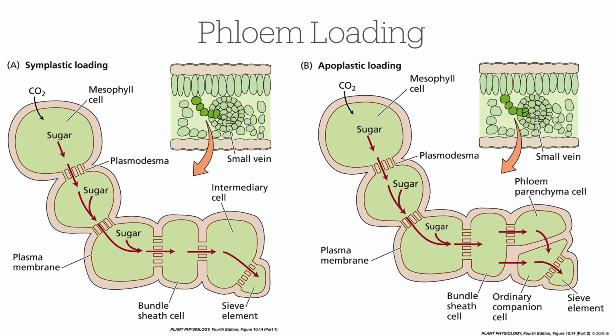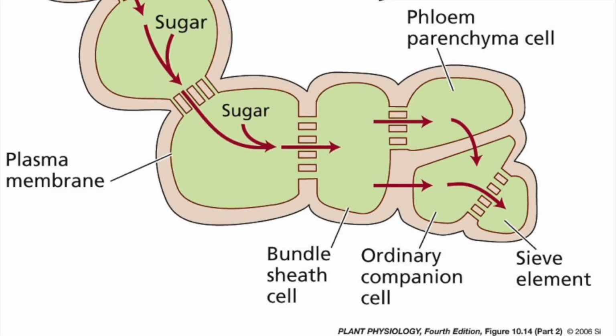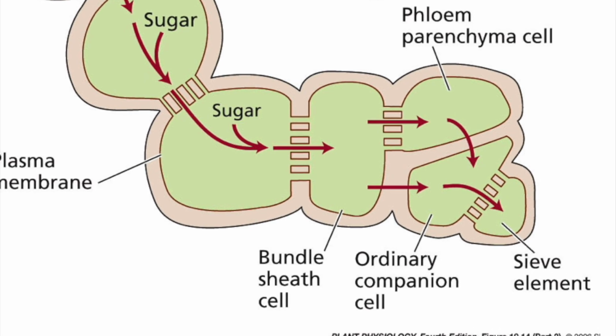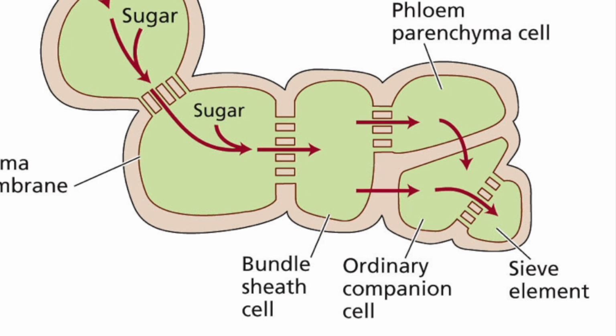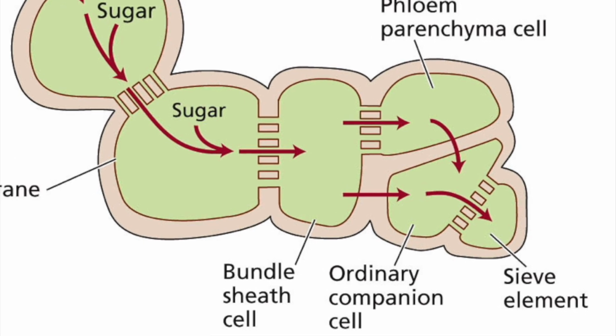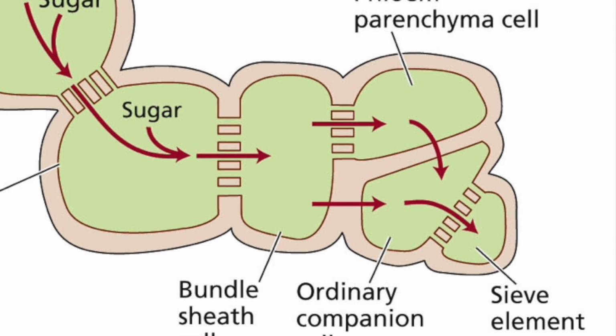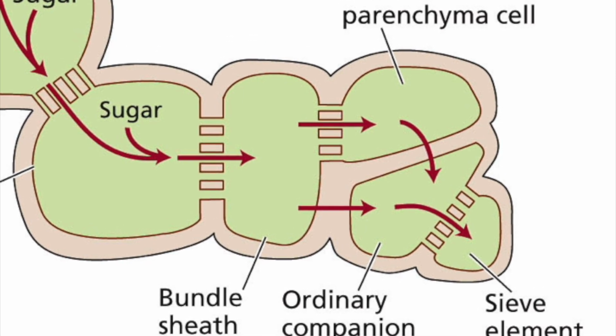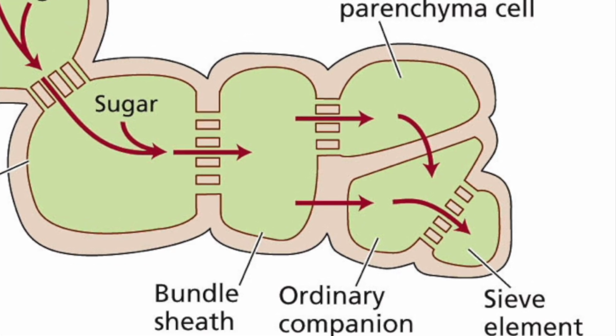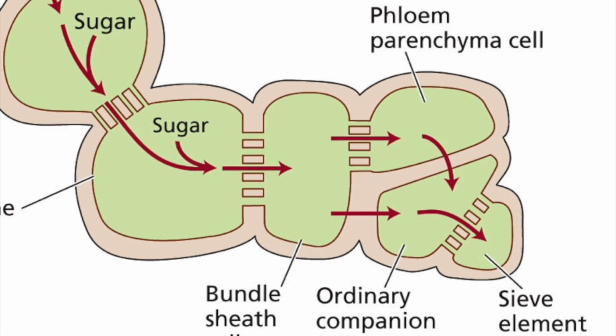And there it's transported into the phloem parenchyma cell by plasmodesmatal connections or to an ordinary companion cell. Note that the ordinary companion cell here has no plasmodesmatal connections. This forces the sugars to be unloaded out of either the bundle sheath cells or the phloem parenchyma cells, and then it accumulates in the apoplast.